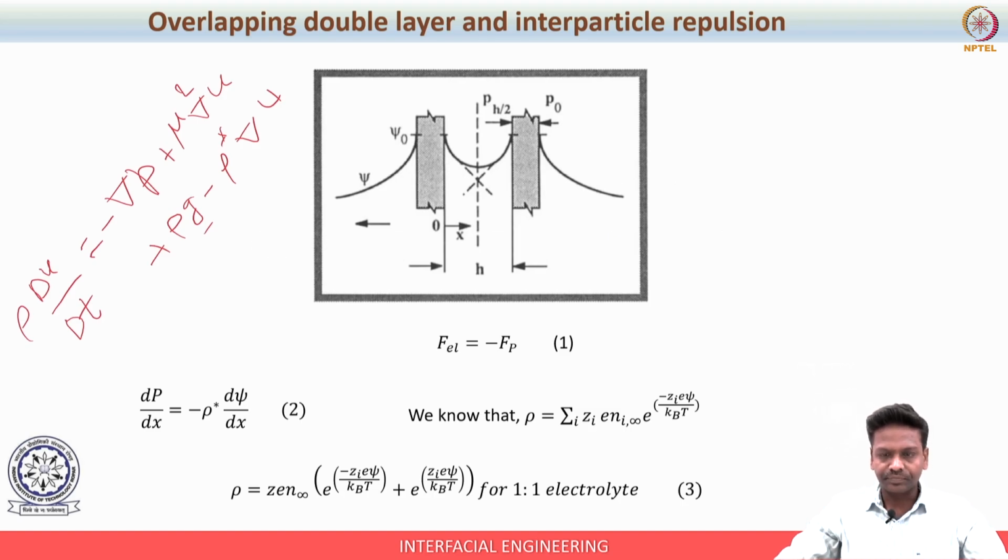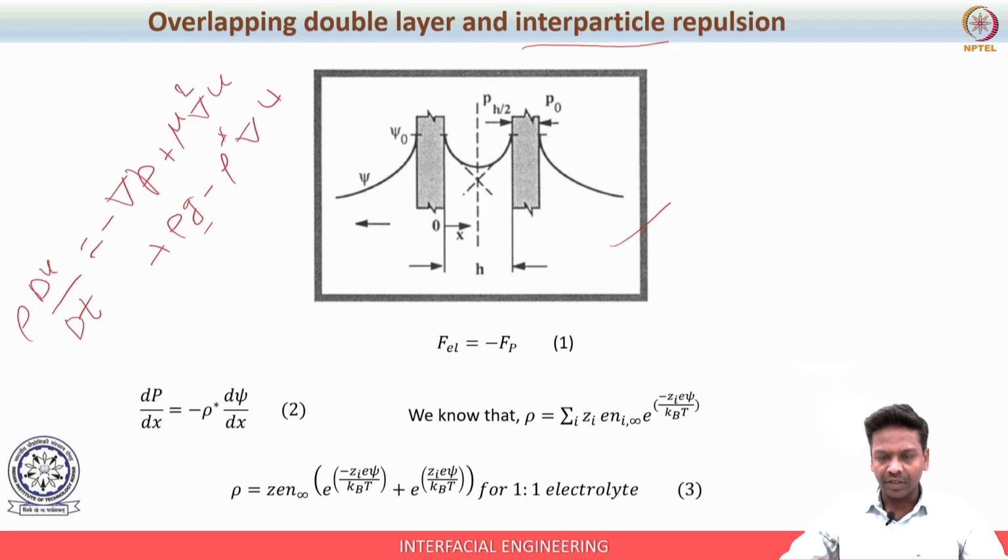So in this schematic, we have shown the overlapping double layer. I have mentioned interparticle repulsion, but it can also be repulsion between any two given objects.